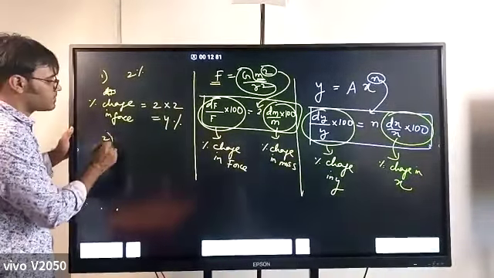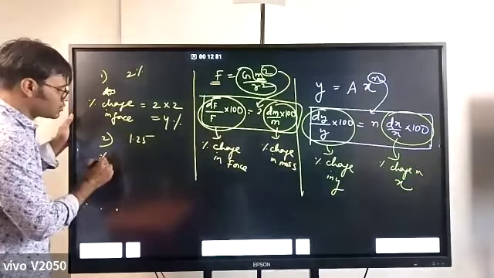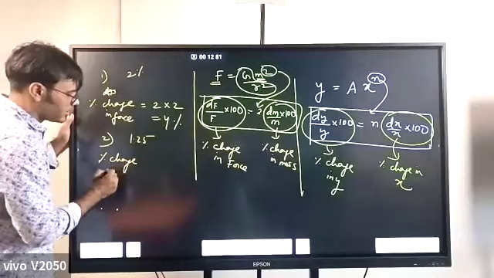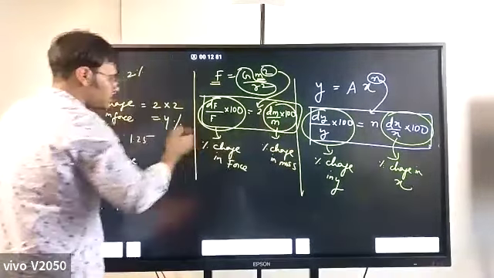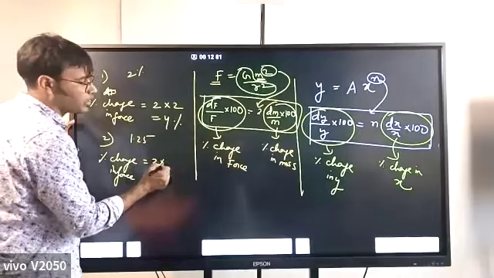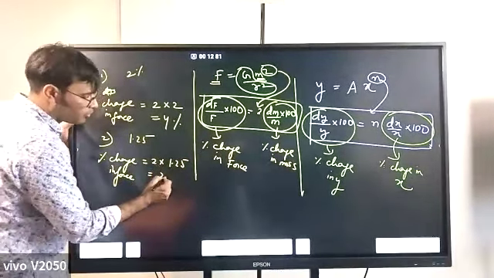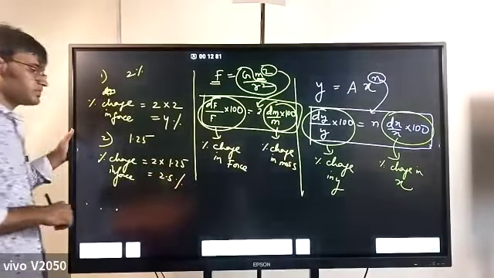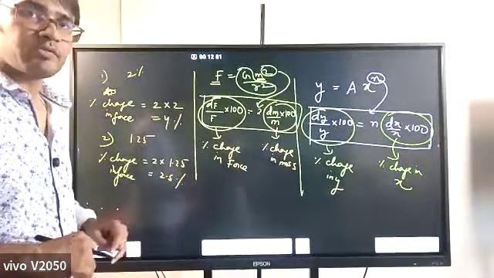Second case, we took 1.25. So percentage change in force: percentage change in mass is 1.25, so it will be 2 into 1.25, which will be 2.5%. See, very fast. Those who have calculated must be getting somewhere close to 2.5.